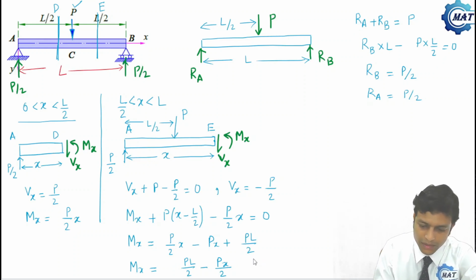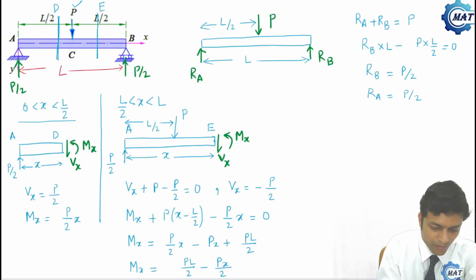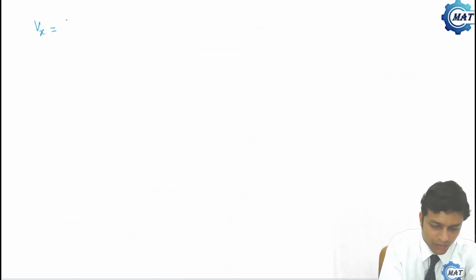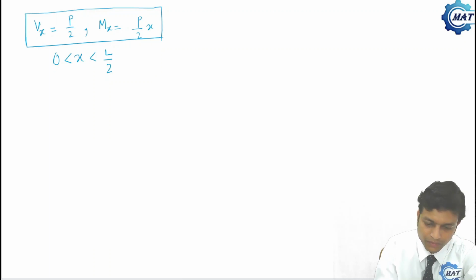Let us come to the next page. We got two sets of equations. Vx is P by 2 and Mx is P by 2 x, for x greater than 0 and less than L by 2.